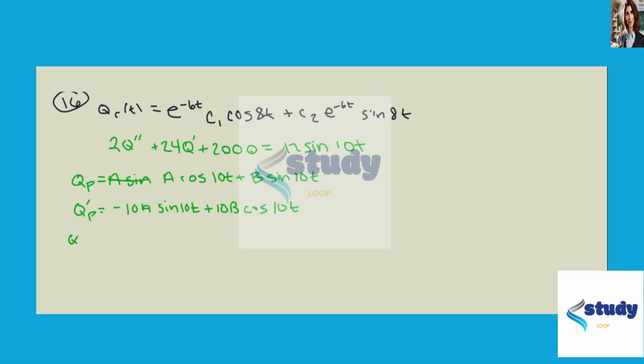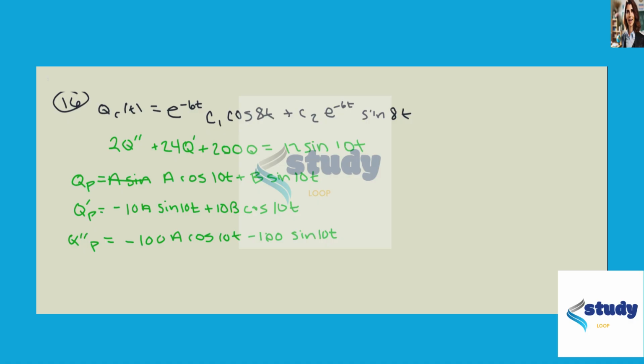Q double prime is going to equal negative 100A cosine 10t minus 100B sine 10t. And I use the chain rule to find those derivatives.